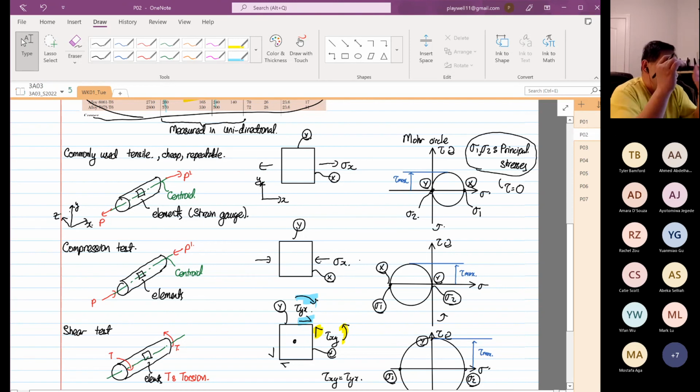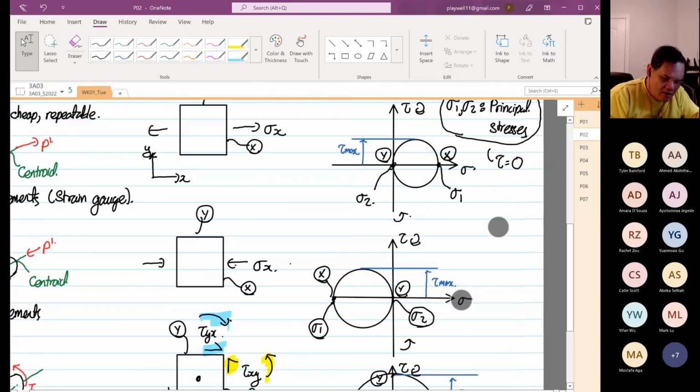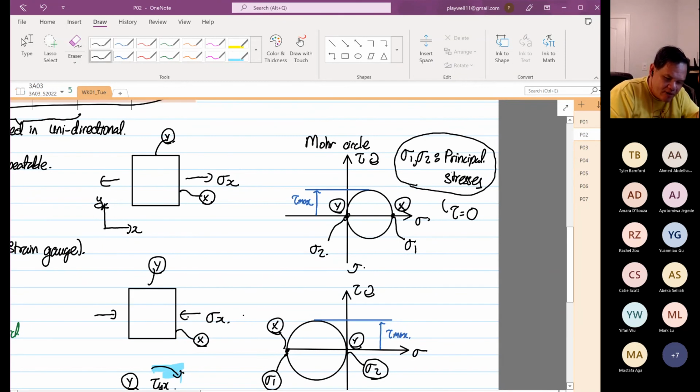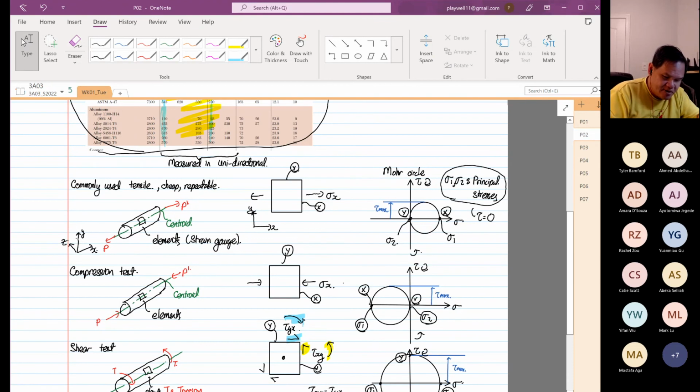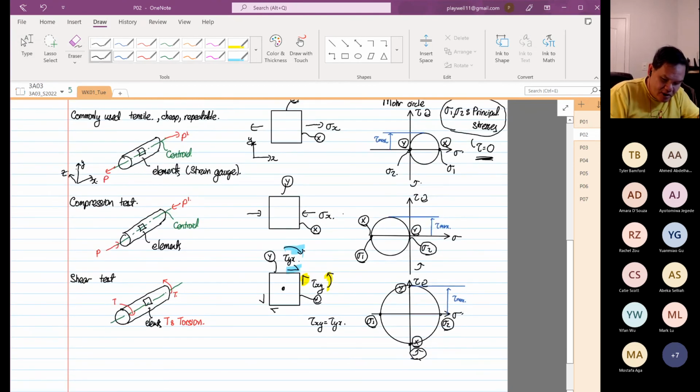Normalize means it does not matter now. Why? Because what we plot down here is material behavior, this is material property. We plot where shear stress is equal to 0, either in tension, compression, or shear. Your principal stresses, the shear stress is equal to 0.